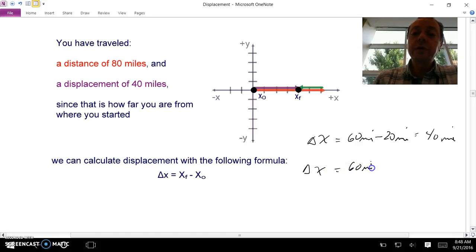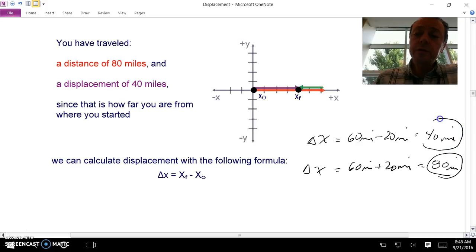So 60 miles plus 20 miles. You could think of it as adding the absolute values, and that would give you 80 miles. This would be the reading on the odometer in your car, or how far your car has gone, because the odometer doesn't care which way the car is pointing. It just counts up the miles elapsed.